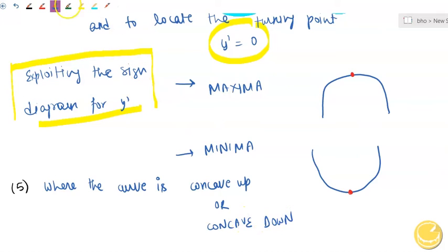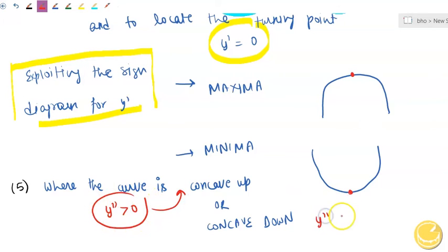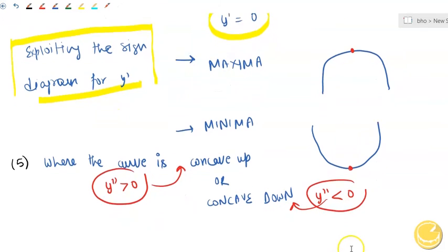For checking where the curve is concave up, we check if the second derivative of the function is greater than 0, then we say the curve is concave up, and if the second derivative of the function is less than 0, we say the curve is concave down.